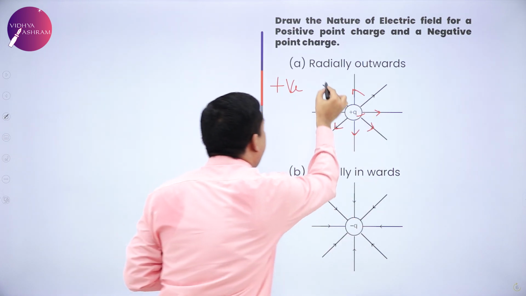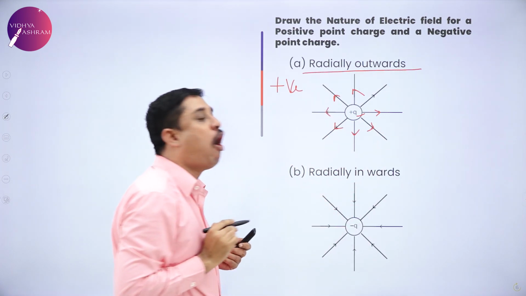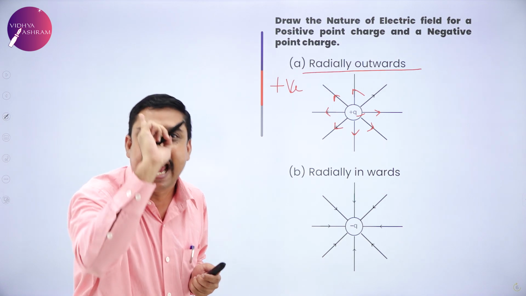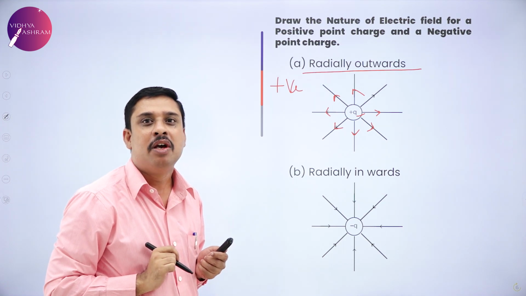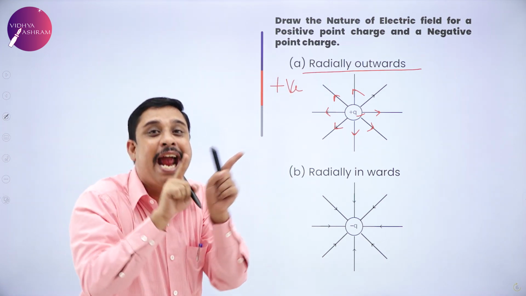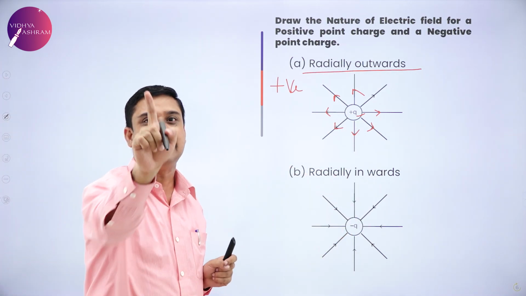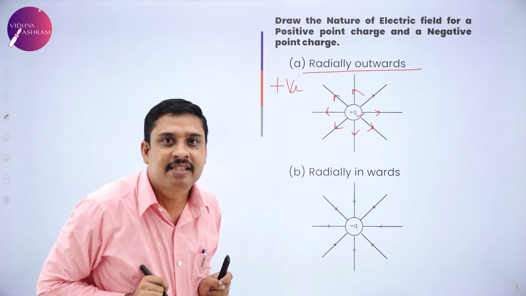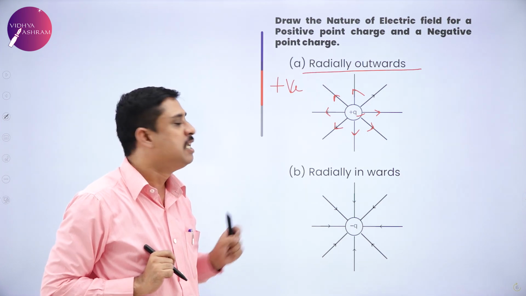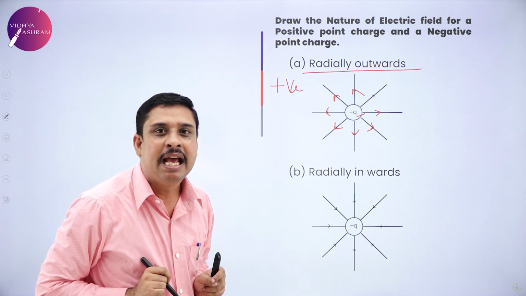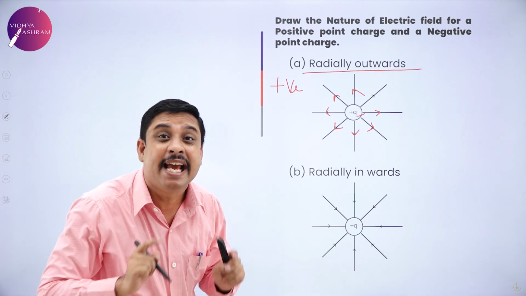Therefore, we say for a positive point charge, electric field should act radially outwards. Please keep in mind, positive point charge, electric field acts radially outwards.